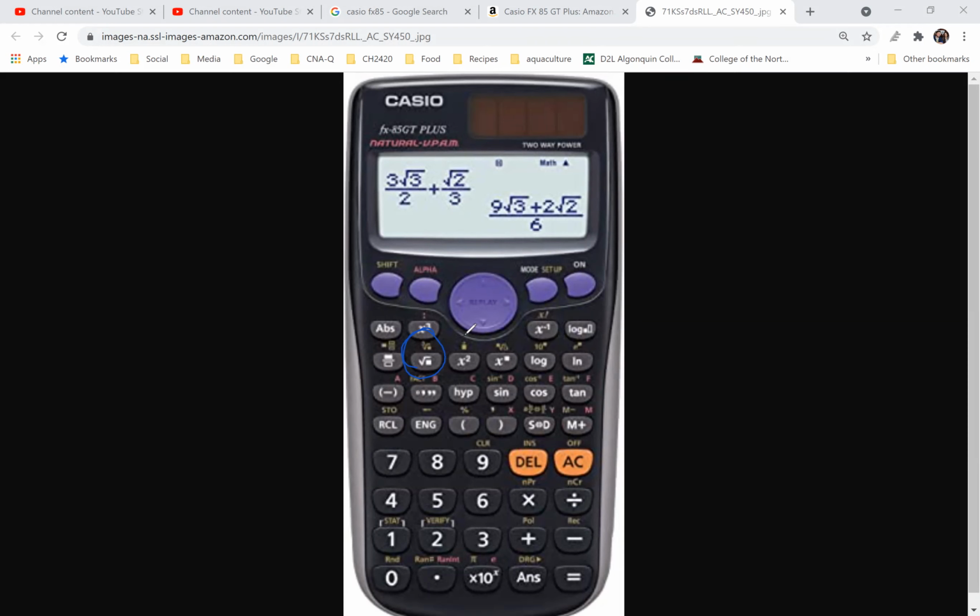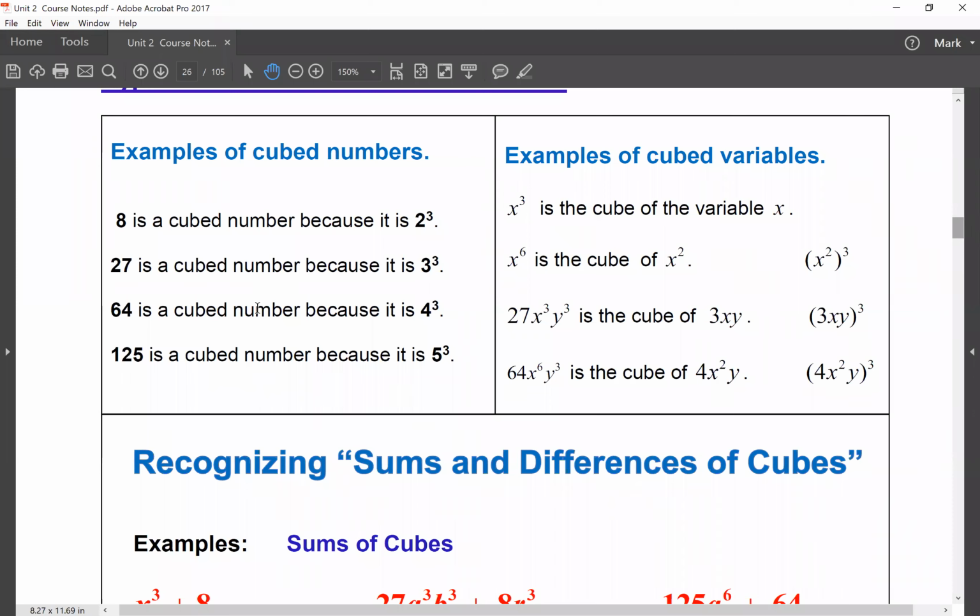What that means is it would take something like 8 and it would look like this, and it would give you the answer of 2. The cube root of 8 is 2. Right? So what I'm saying is you don't have to memorize these. Your calculator can do pretty much anything you can throw at it. The only problem with the calculators is it doesn't do x and y very well.